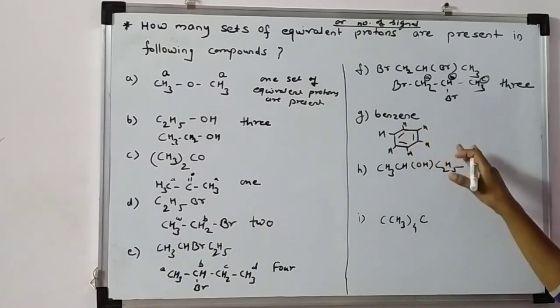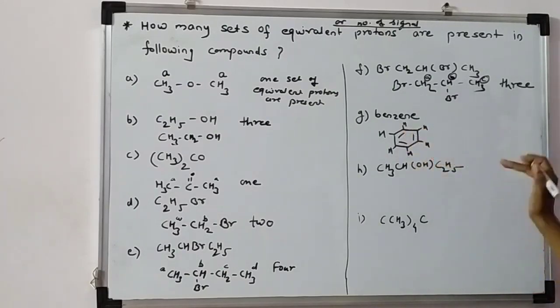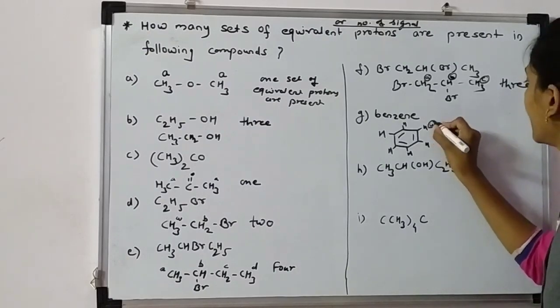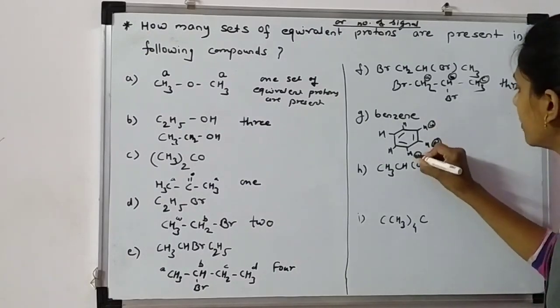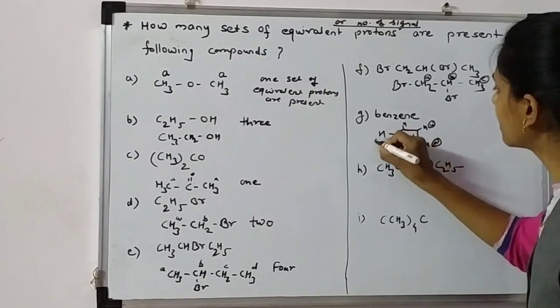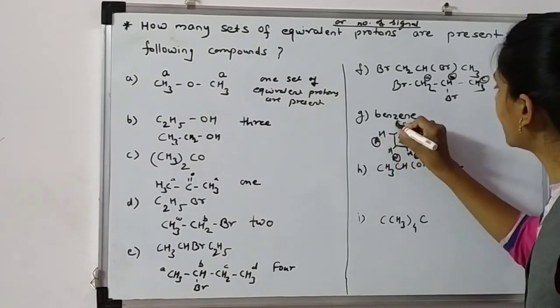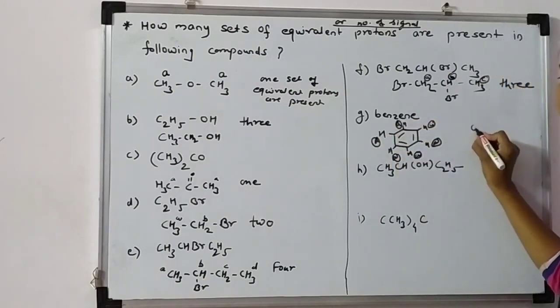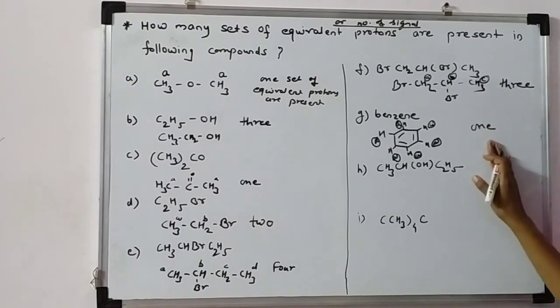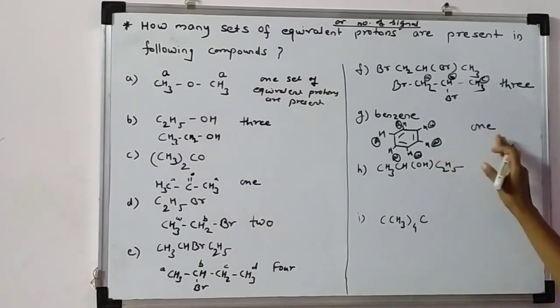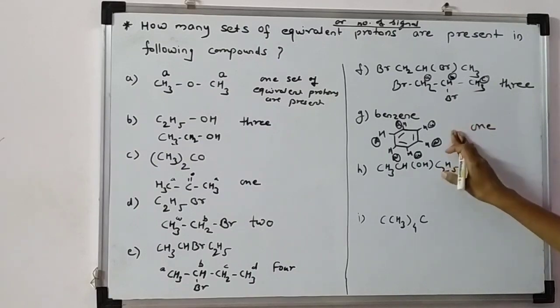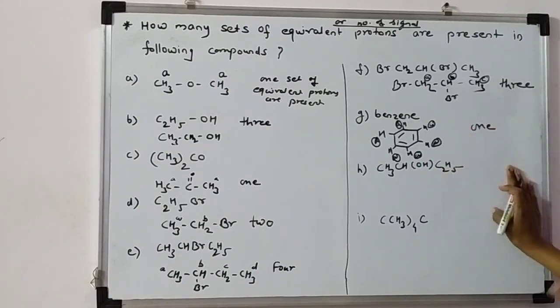So we can say that the environment of the 6 protons is the same, and we can label them all A. That means one set of equivalent protons is present in benzene, so benzene gives only one signal.